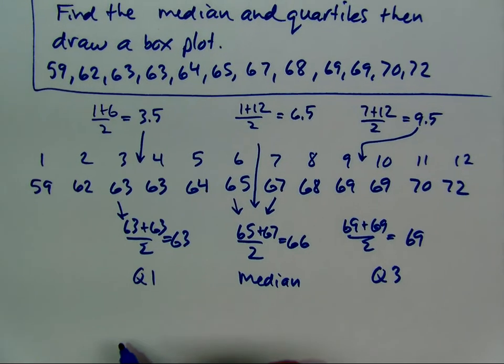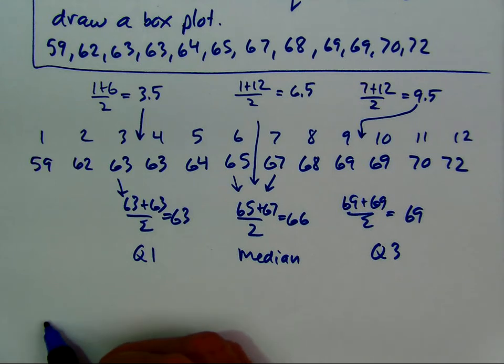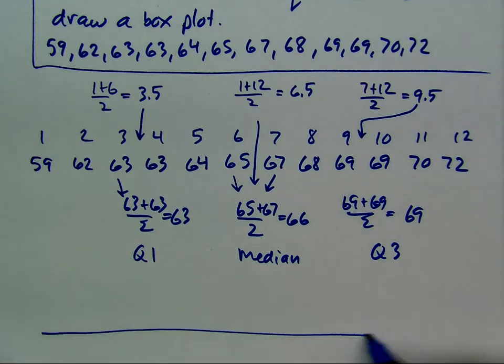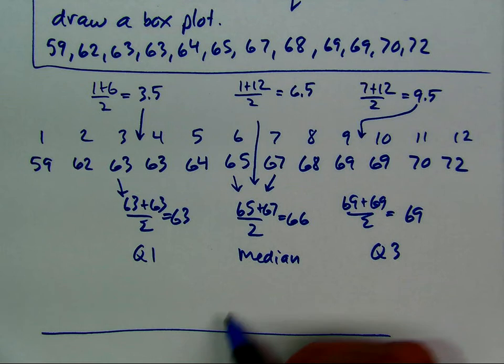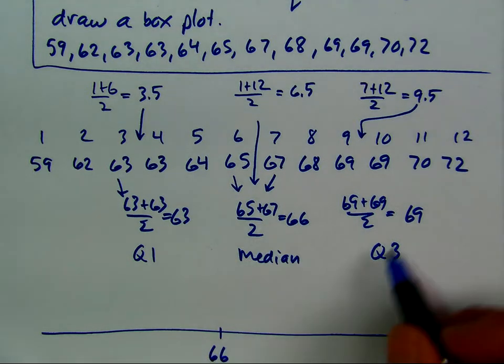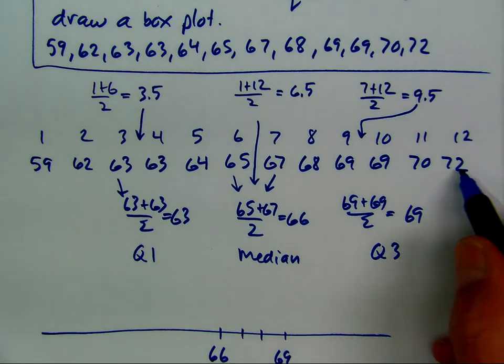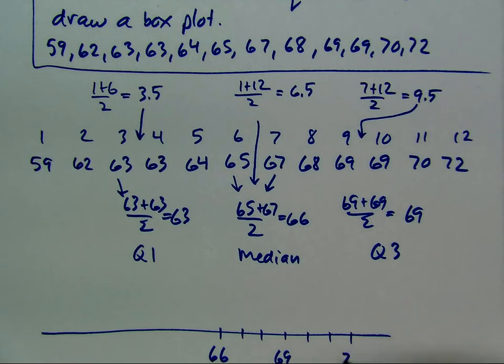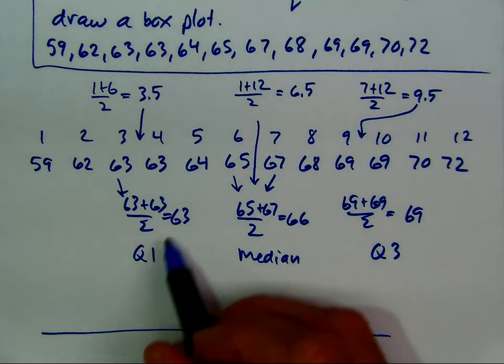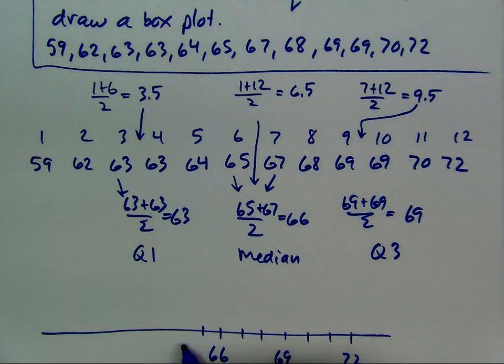Then on a box plot, we just plot these on a number line. So we have 66. We have to go up to 69: 66, 67, 68, 69. The largest value is 72. We have to go down to 63: 5, 4, 3, and also down to 59: 2, 1, 0, 59.